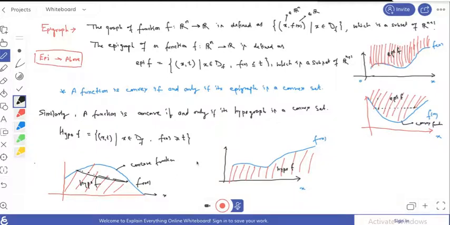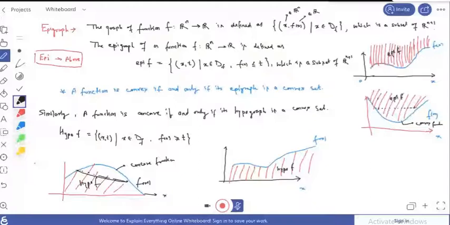Okay, so now next, if we take two functions and impose certain conditions on those functions, then we are able to define the composition of those functions and the nature of the composite function.